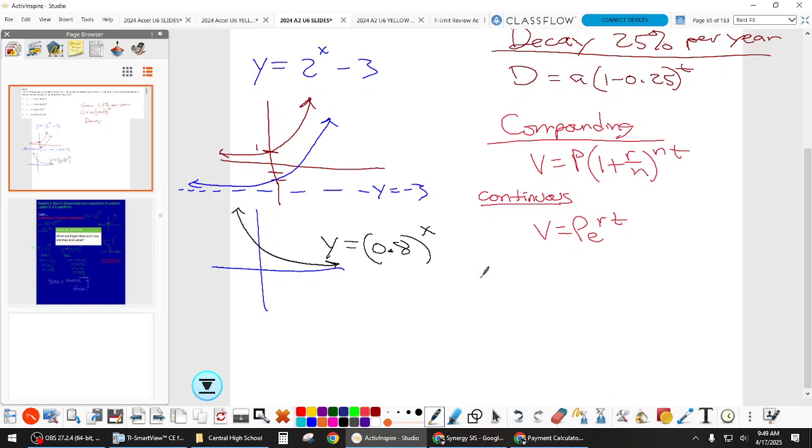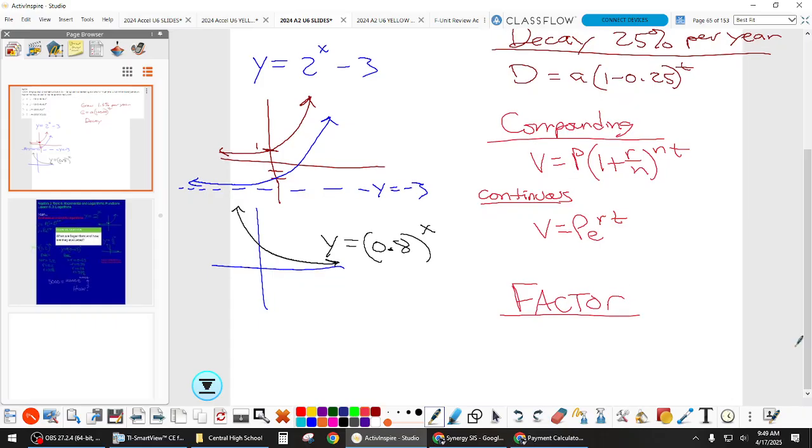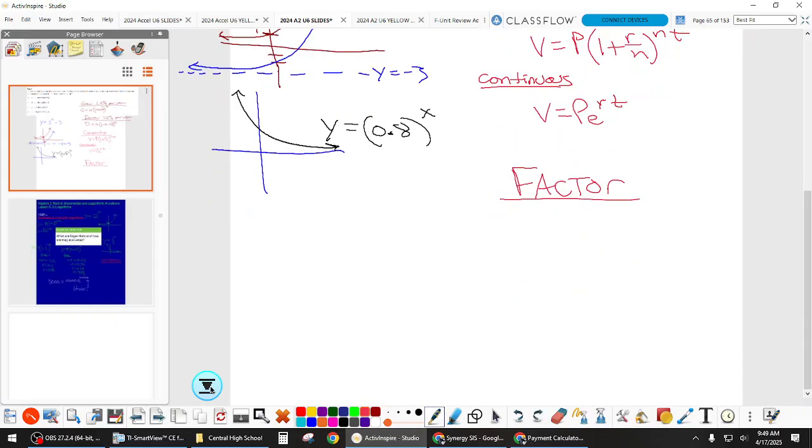Okay, then going back to factor versus rate. If I told you you have a factor of, I don't know, let's say it's like 0.932 to the t. And I want the rate, what would you do?